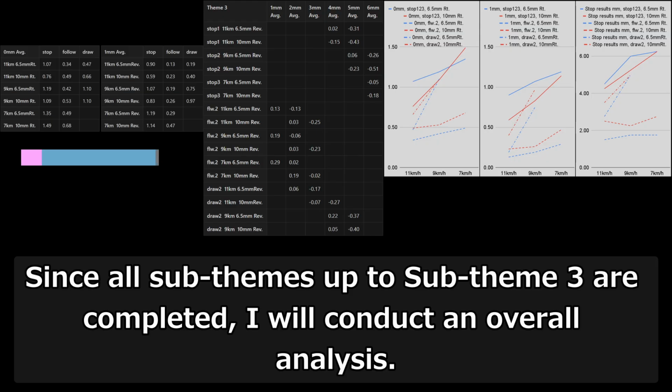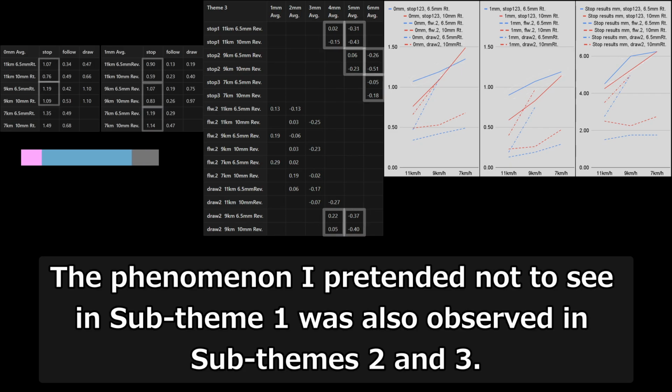Since all sub-themes up to sub-theme 3 are completed, I will conduct an overall analysis. The phenomenon I pretended not to see in sub-theme 1 was also observed in sub-themes 2 and 3.